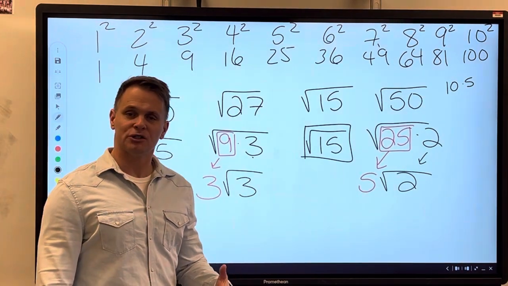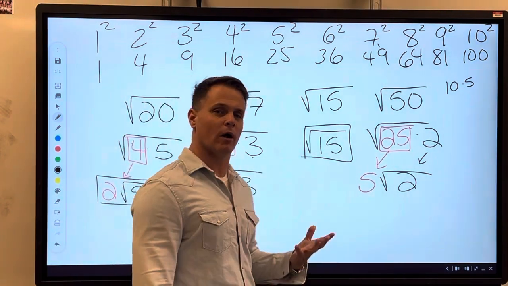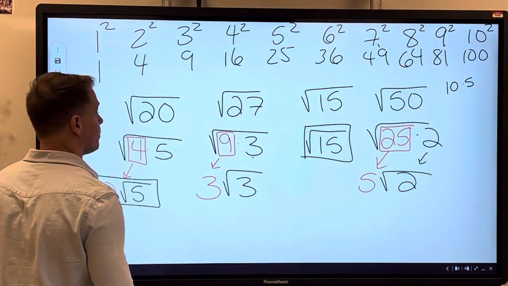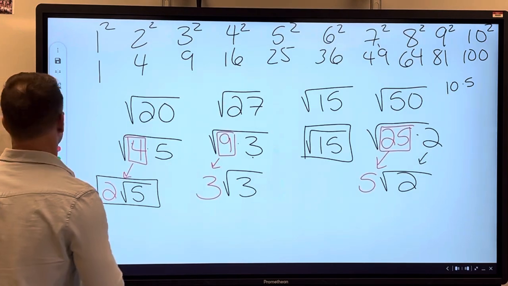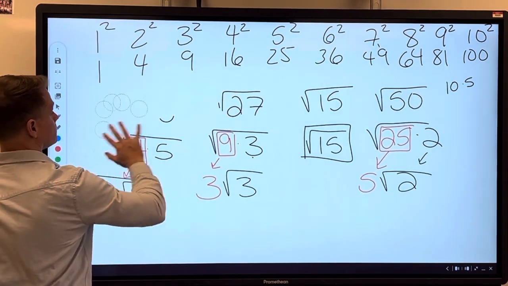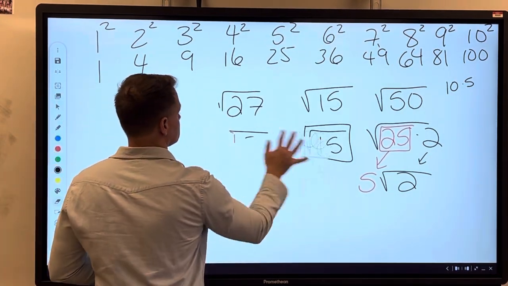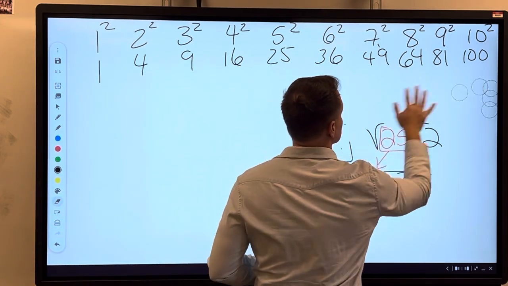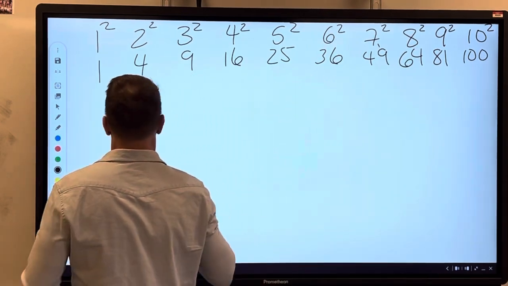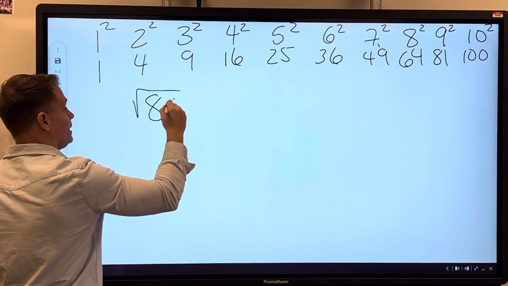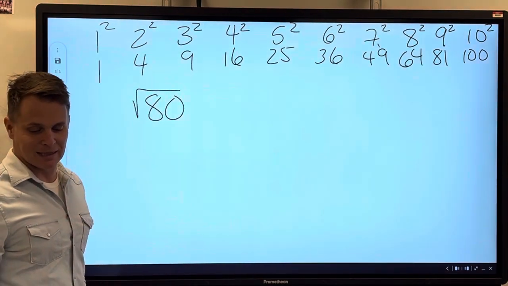Now some numbers have more than one perfect square. Let's take a look at, for example, the number 80. The square root of 80 has a lot of factors.